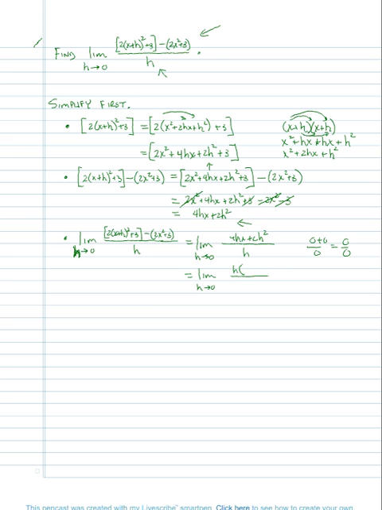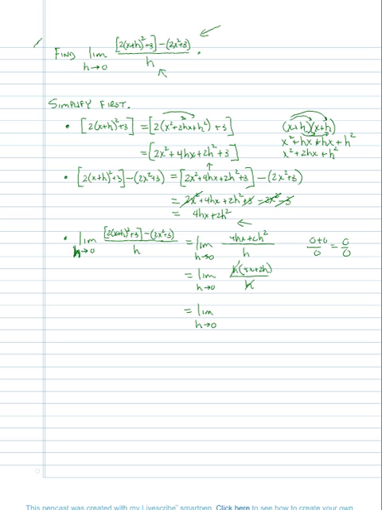So we'll rewrite the numerator as h times 4x plus 2h. All we've done is factor out an h from both terms in the numerator. And we have an h in the denominator. Now we can cancel h's, not before now. And we still haven't found the limit. We're still simplifying our expression.